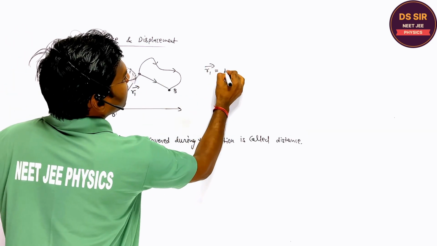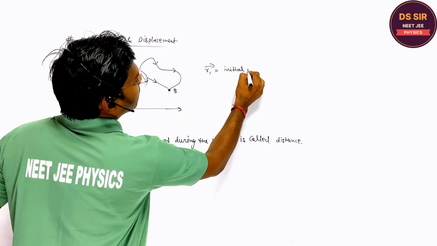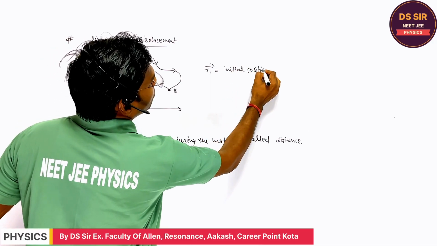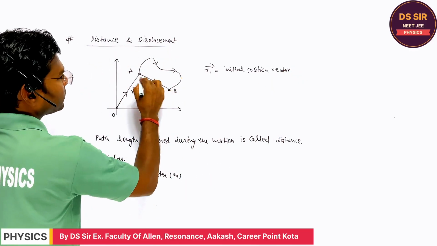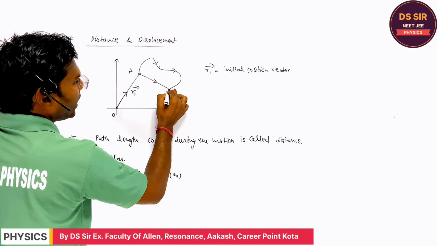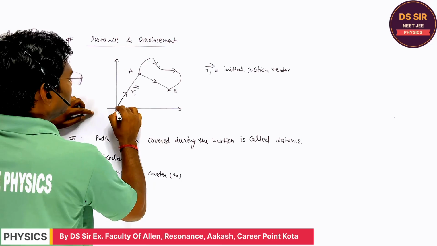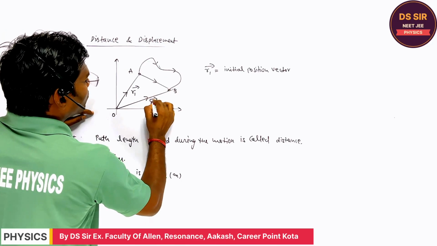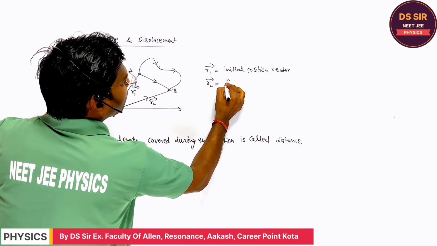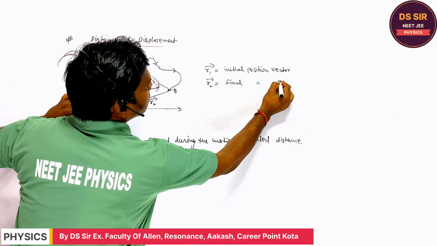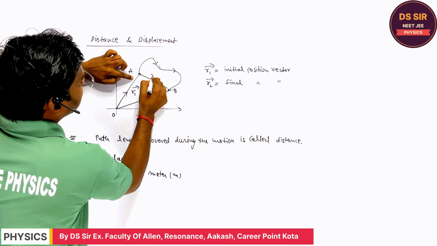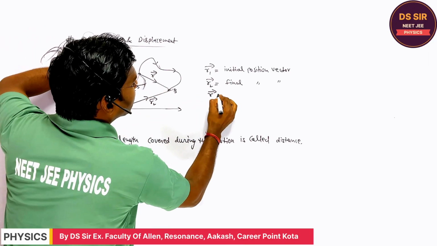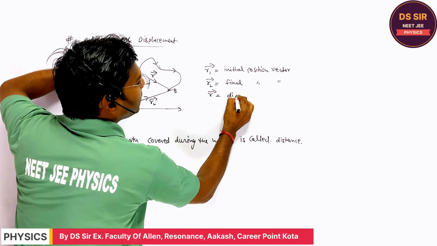R1 is the initial position vector. When it moves along this path and reaches the final position B, this is R2, the final position vector. And the vector AB, this is R, the displacement vector.